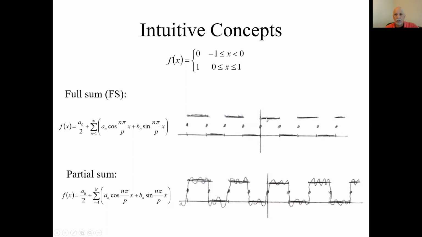It's the original function repeated every 2 units. Here, the total period is 2, from -1 to 1, or 2p. P is 1 here. So I just get a bunch of clones of the original thing, repeated every 2 units of x. At these points of discontinuity, it converges to the average of the left and right limits.